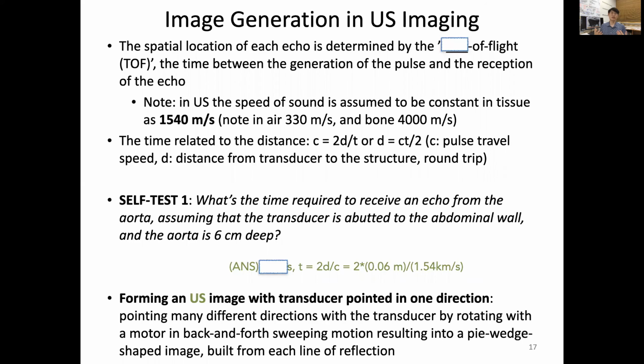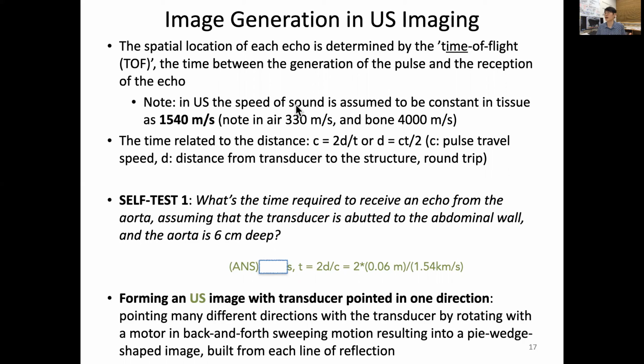So now let's get into this a little more. The spatial location of each echo can be determined by the time of flight. That's the time between the generation of the pulse and then the reception of the echo. So let's understand the speed of ultrasound.